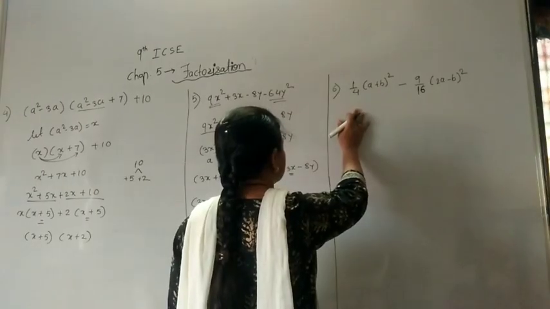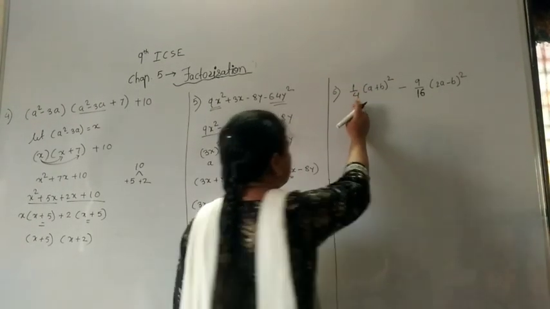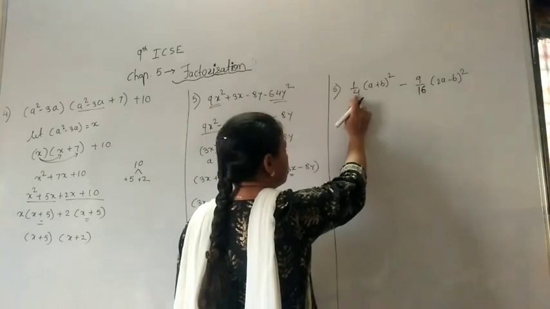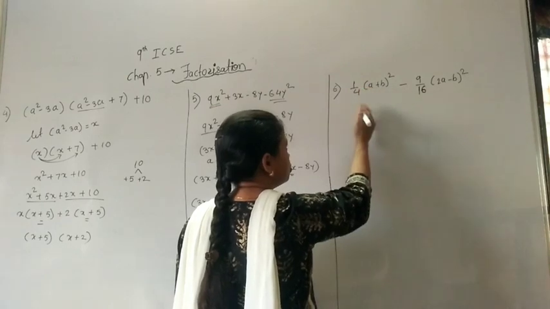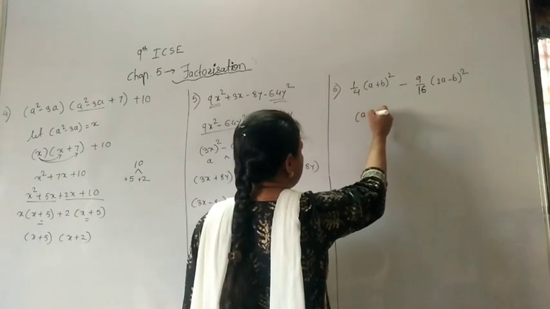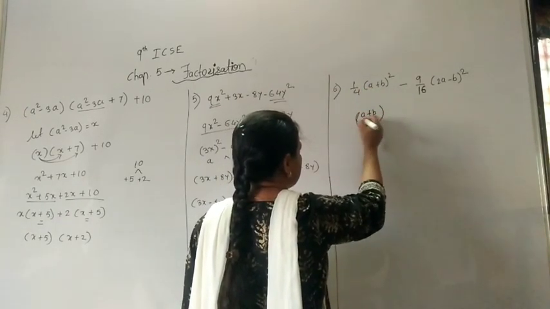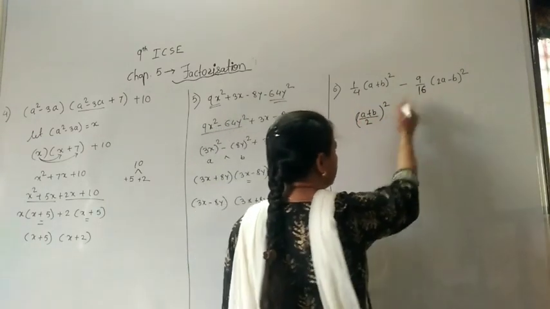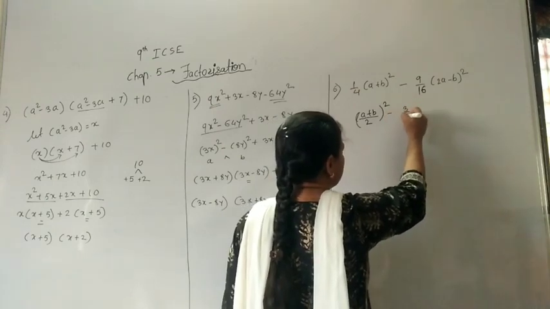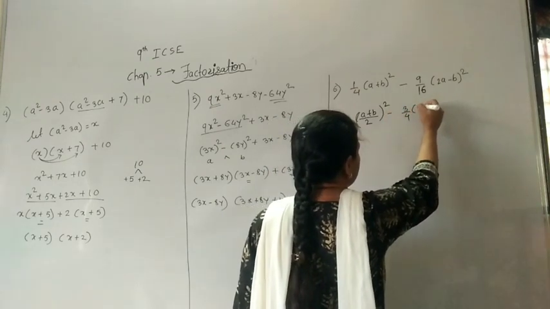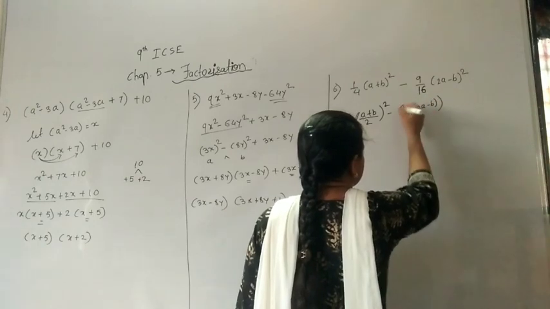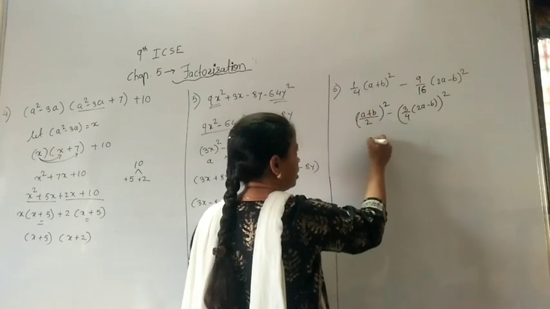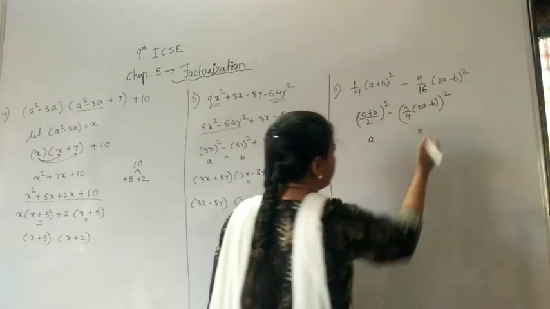In this question, see 1 by 4 and (a plus b) bracket square. So take the whole bracket square by root, taking the root of 4 means 2. So (a plus b) bracket over 2, this is whole bracket square. Here also by taking the root, 3 by 4 (2a minus b), this whole bracket square. Now let's consider this whole as a and this whole as b.